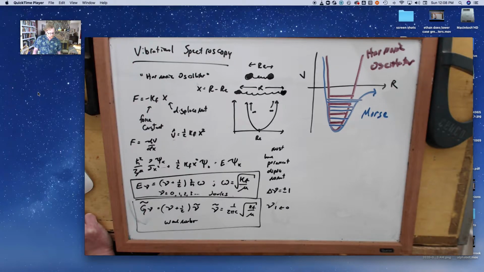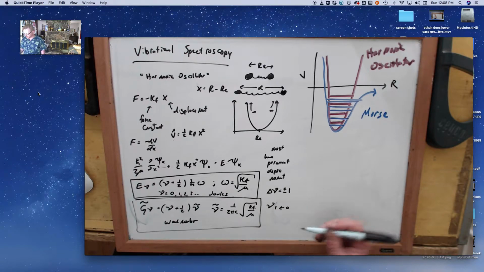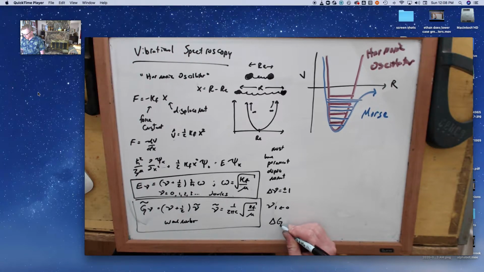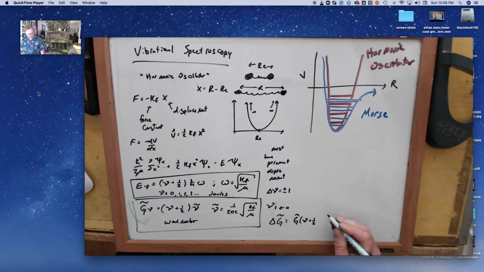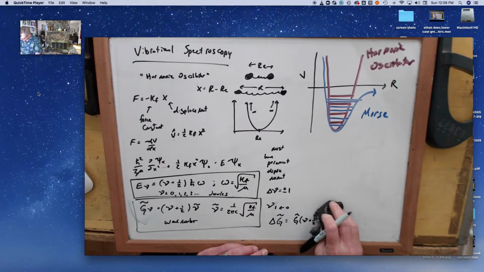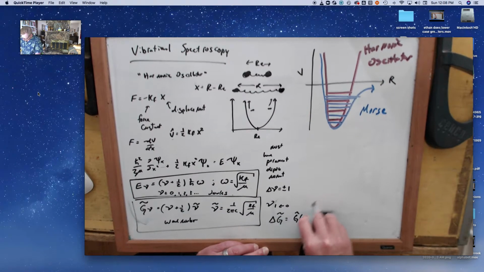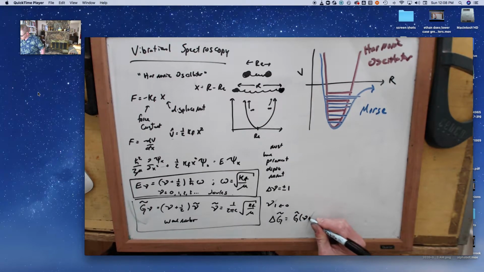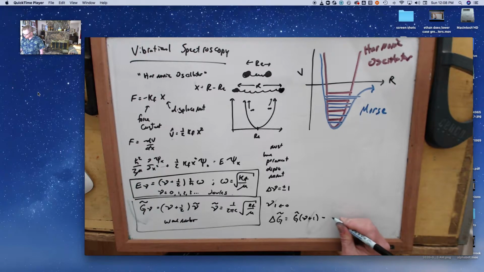Okay? And so if I think about what an IR spectrum is, I'm going to write that as delta G. And so that's going to be G of nu plus 1, because we recognize that the quantum number can go up by 1, minus G of nu.